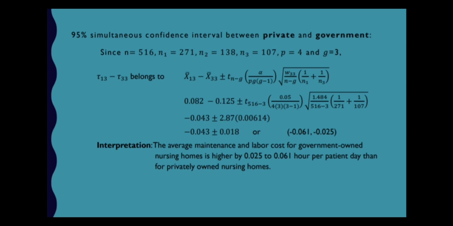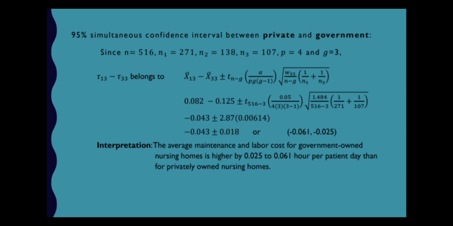Okay, so bila kita tahu ianya significant, barulah you can then interpret the confidence interval. We can say that the average maintenance and labor cost, X3 tadi, for government adalah population ketiga. Okay, government owned nursing homes is higher by 0.025 to 0.061 hour, dia punya unit per patient day, than private nursing homes.